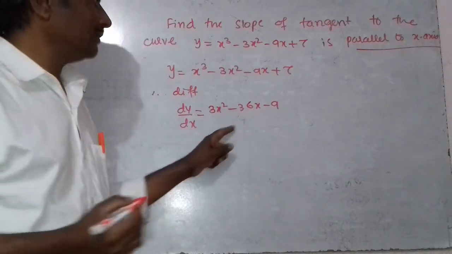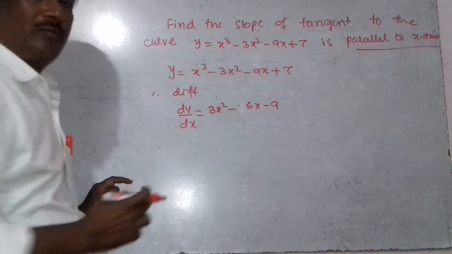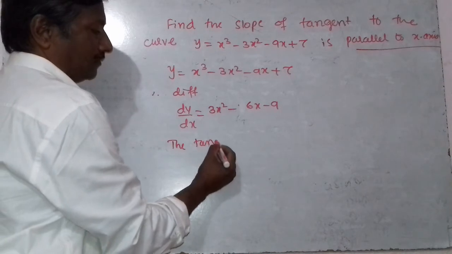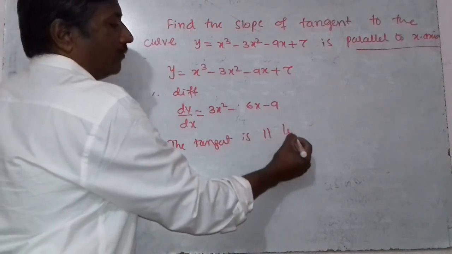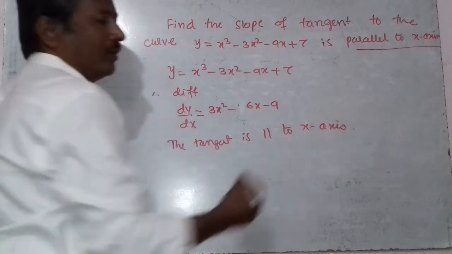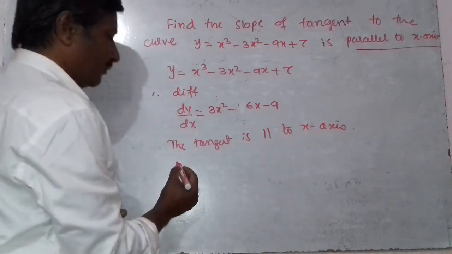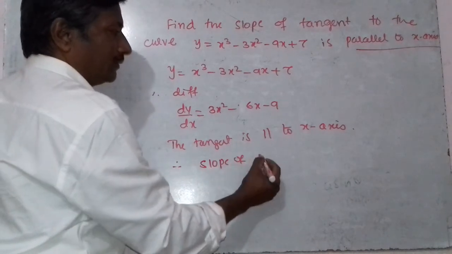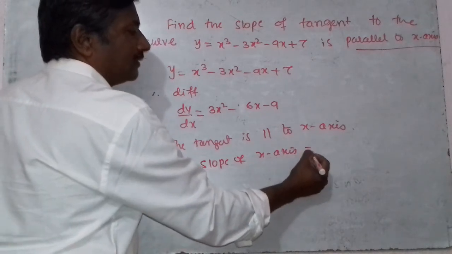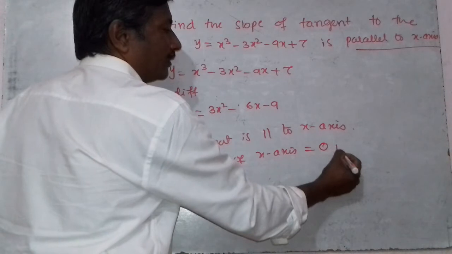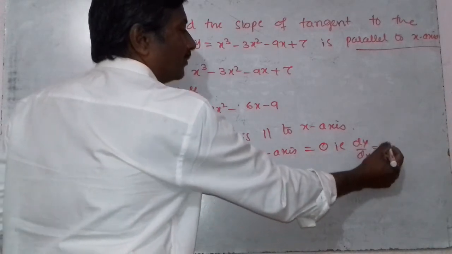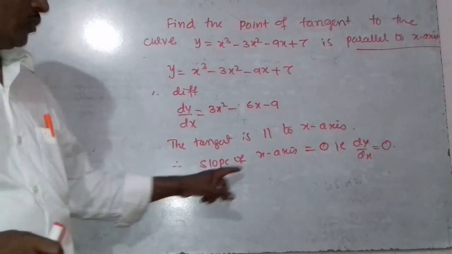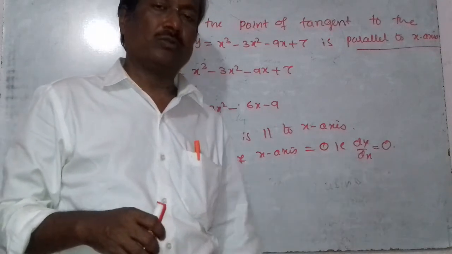Since the tangent is parallel to the x-axis, the slope of the x-axis is equal to 0, that is dy by dx is equal to 0.